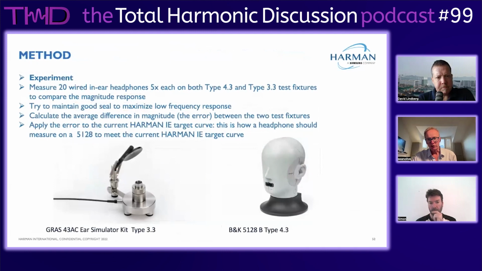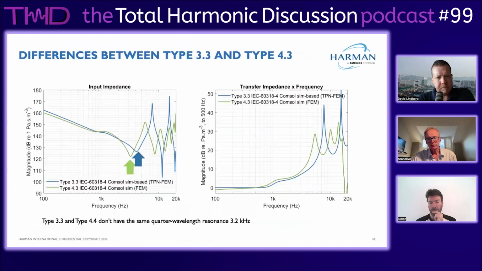If you look at the old 711 coupler versus the new one, you see the input impedance is different, but where the resonances occur is also different. It's a larger volume ear canal. So you see differences in the bass, and that in part explains why when we went from the old coupler to the new one, you're seeing less bass.